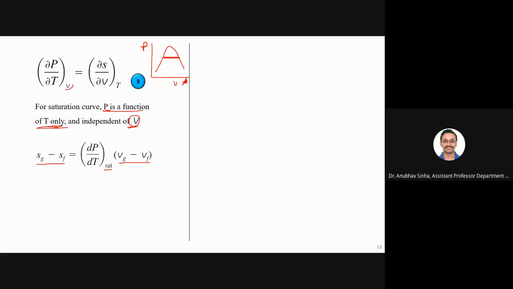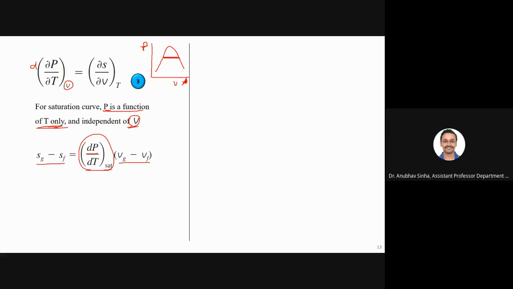So I can remove this and instead of del, I can write dP by dT saturated. This is what I meant.